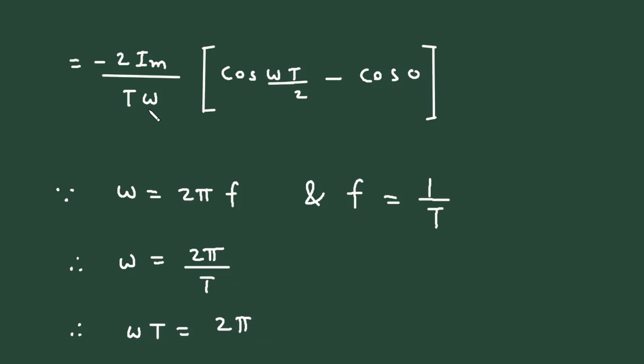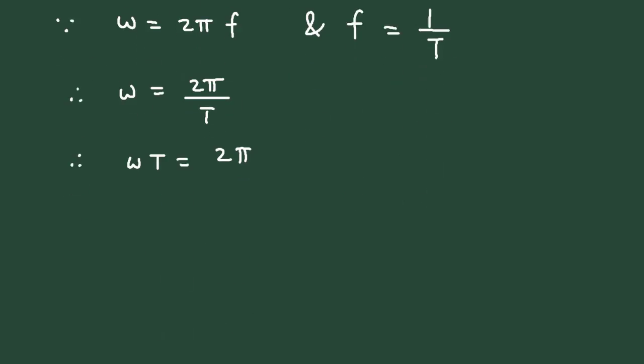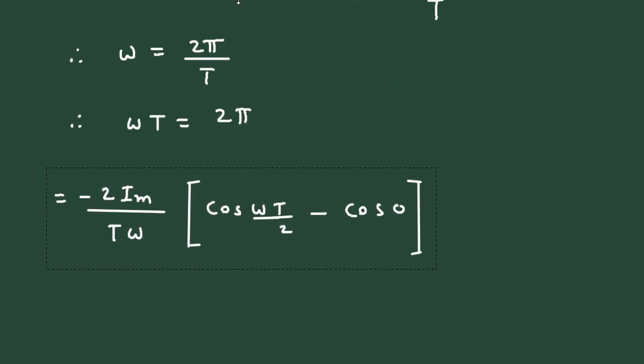Here omega T we can write 2 pi. So let's copy this again. Now in place of this omega T, we can write 2 pi. Now the value of this T by 2.